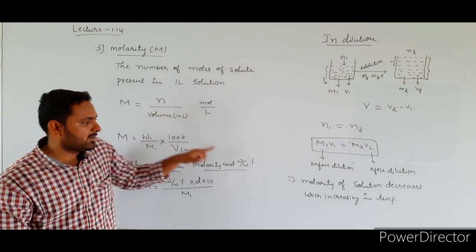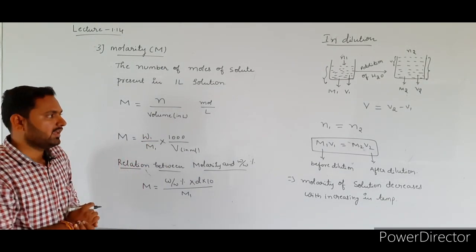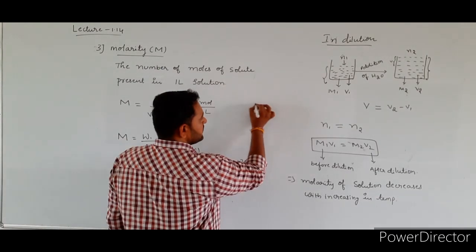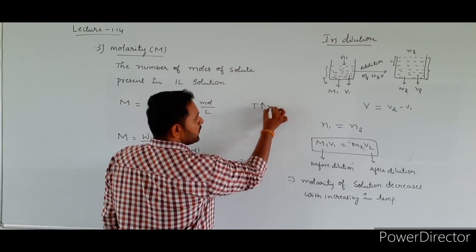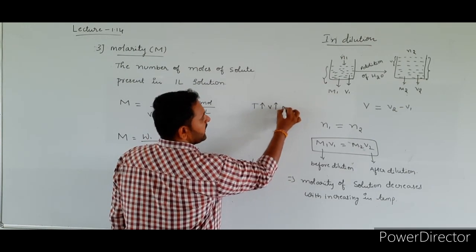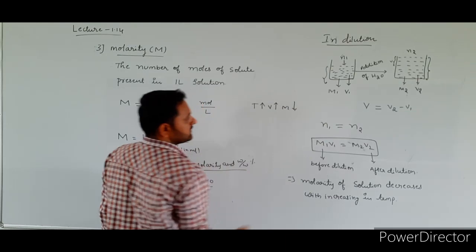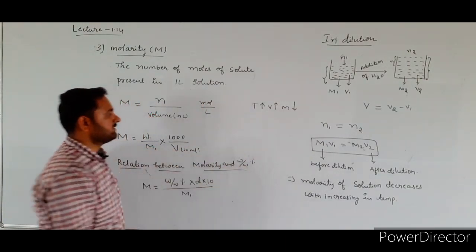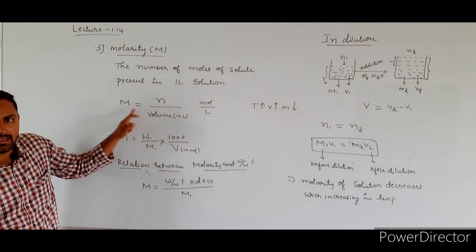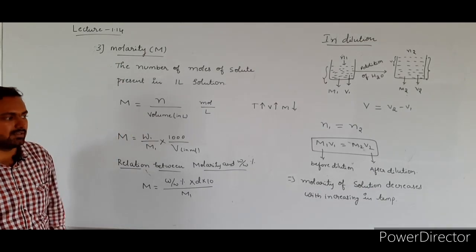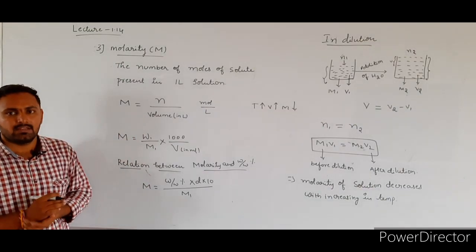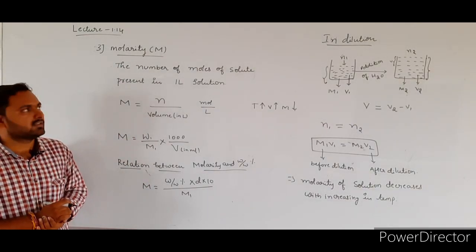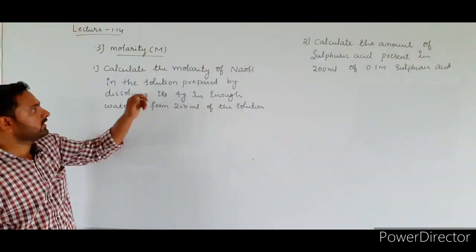But volume and temperature are directly proportional. As temperature increases, volume increases, but molarity decreases, because molarity and volume are inversely proportional to each other. This is molarity. Now let us solve some numericals based on molarity.